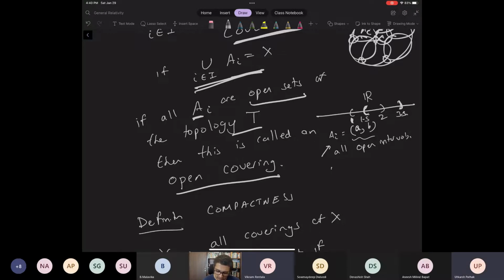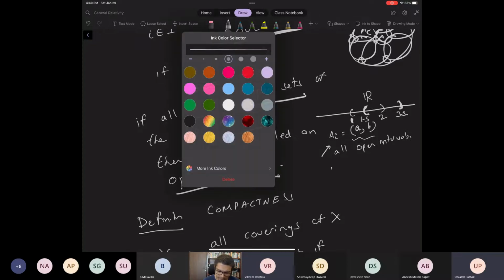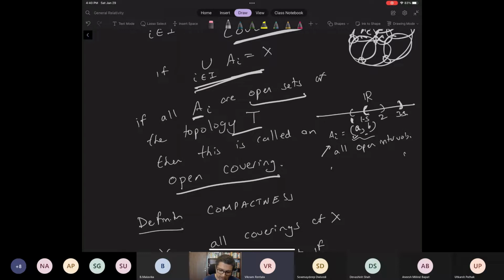Can we constrain A and B such that they are integers? You can't do integers, because, for example, if I do (1, 2), (2, 3), I'm excluding the point 2. So this would not be a covering if I just take the union of all such things, (3, 4), and so on.